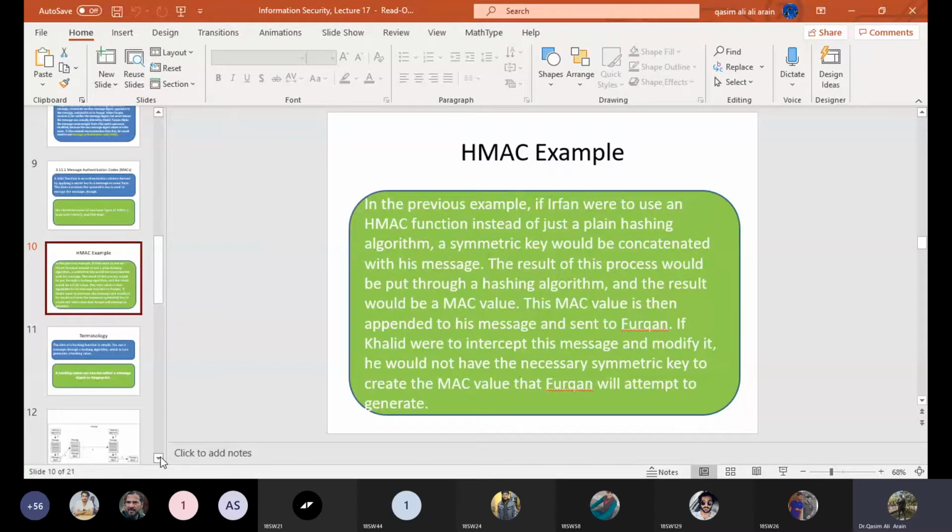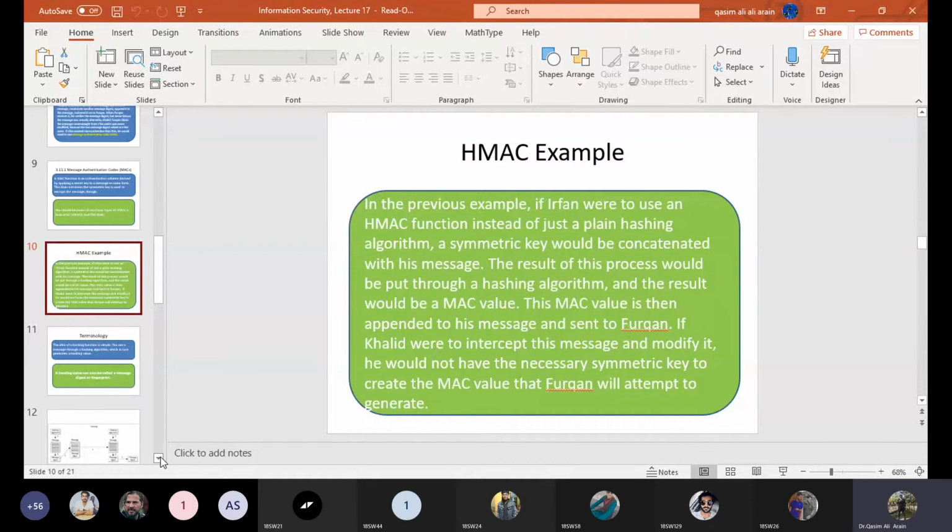Now both the key and your message would be passed through an HMAC function. The result of this process would be put through a hashing algorithm and the result would be a MAC value, right? Now that MAC value would be appended with the original message and sent to Furqan.